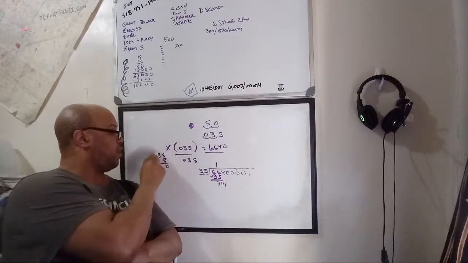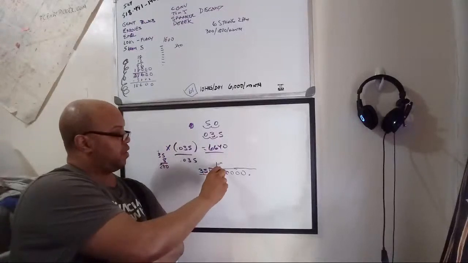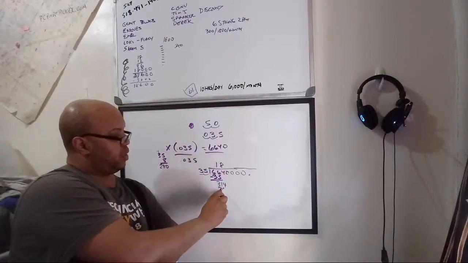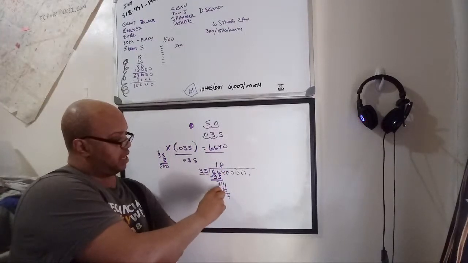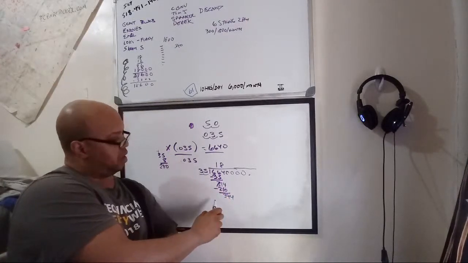So 35 times 8 is 280. We subtract, and the 4 drops. 8 is too big. We take 1 out of that, it drops to 2, 3, 4.